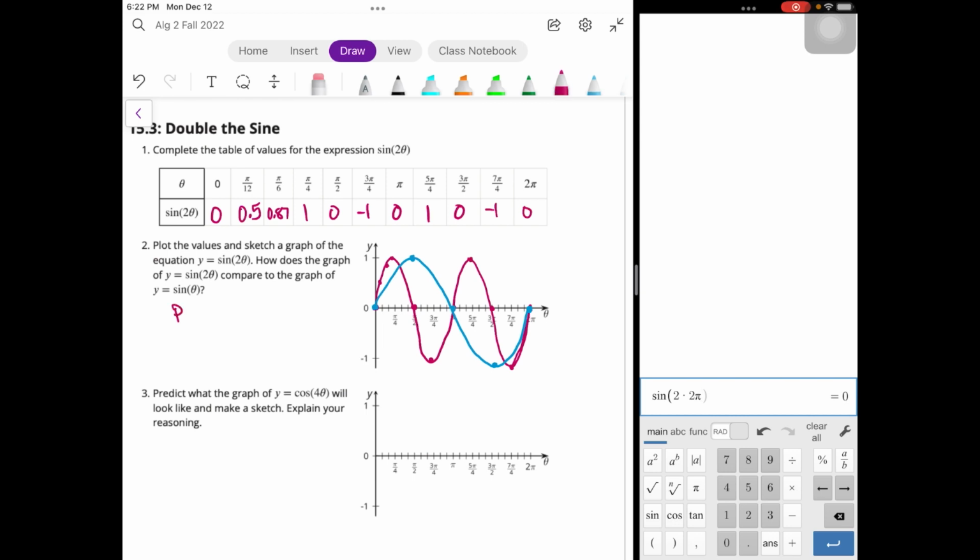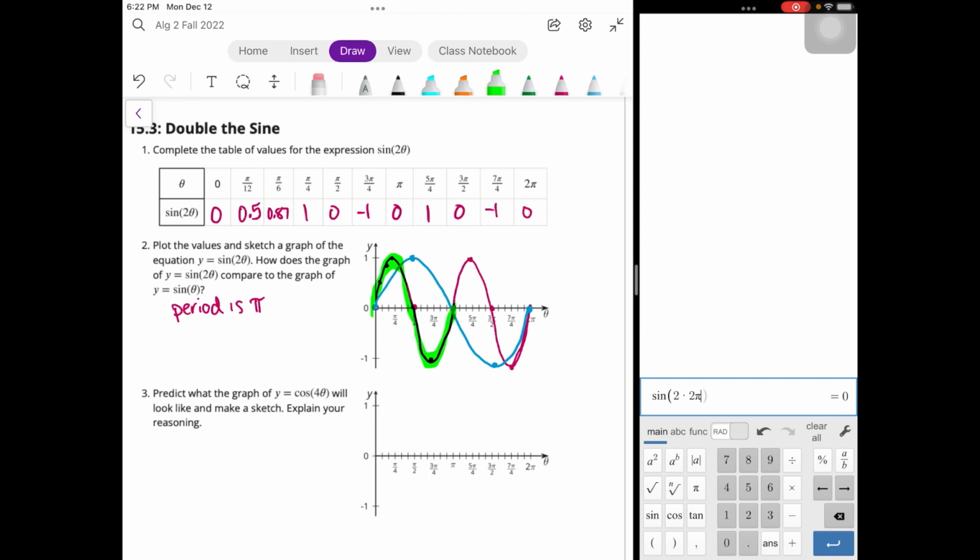So the period, instead of being 2 pi, is just pi, because 1 full cycle ends at pi, whereas normally it goes to 2 pi. It still has the same maximum and minimum at 1 and negative 1, and the midline is still 0.